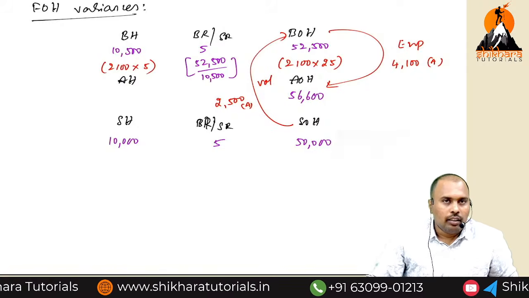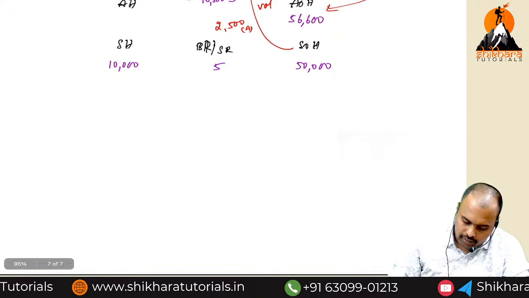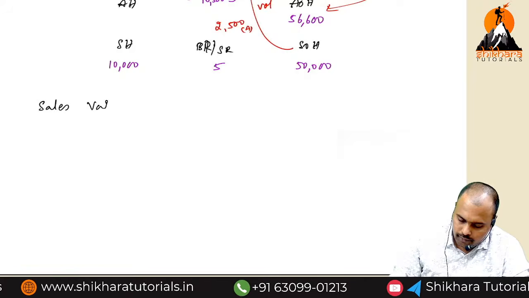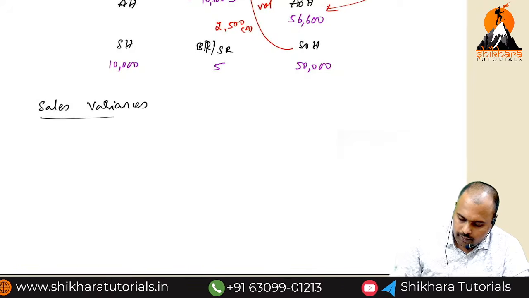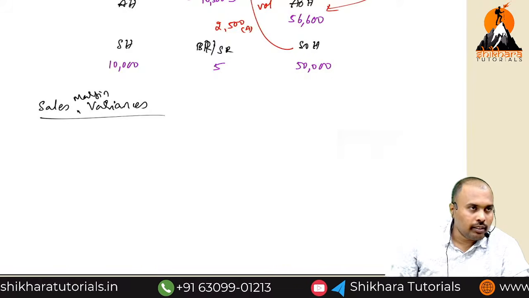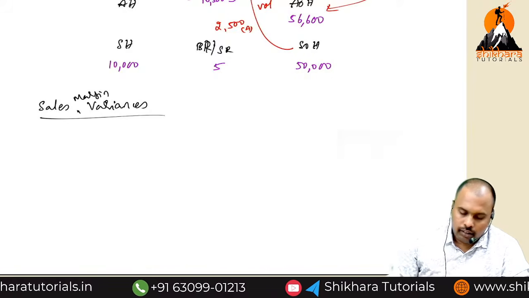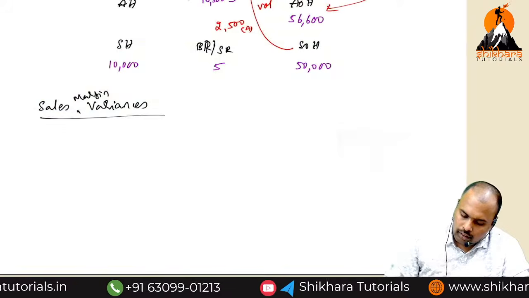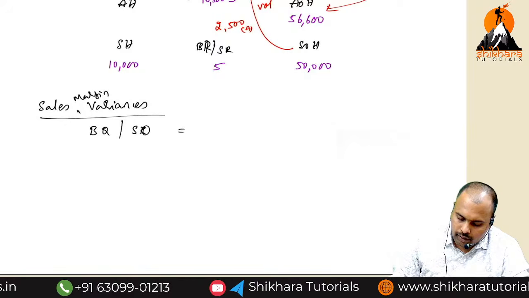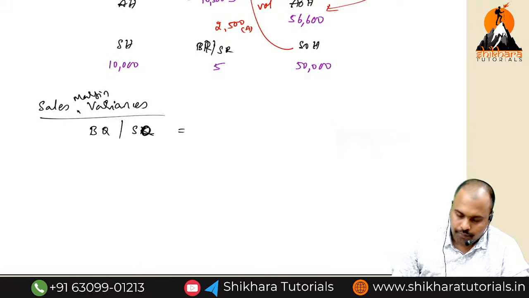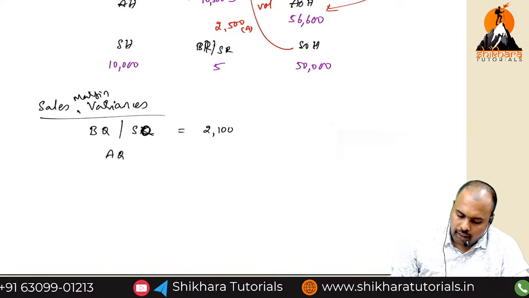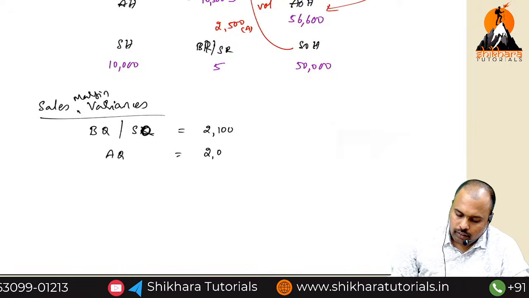Clear? Now, finally, sales variances. And it is better to calculate directly sales margin variances. What is budgeted quantity or standard quantity? Both are same for sales variances, right? Which is 2,100. Actual quantity is 2,000.